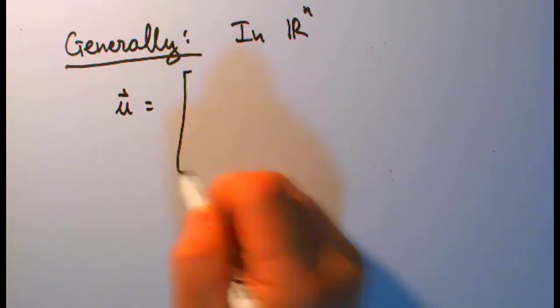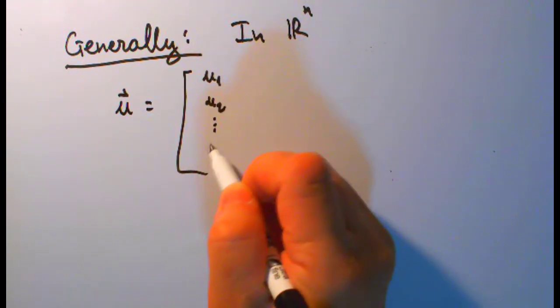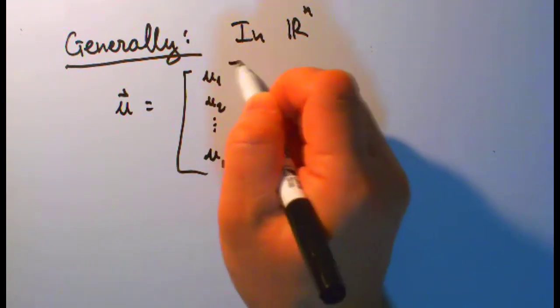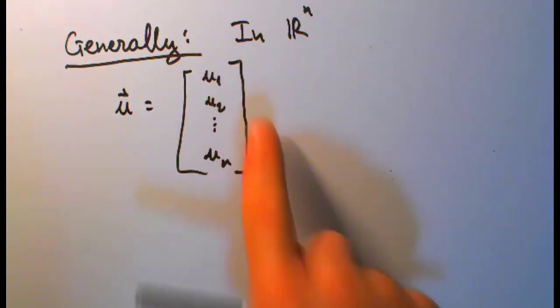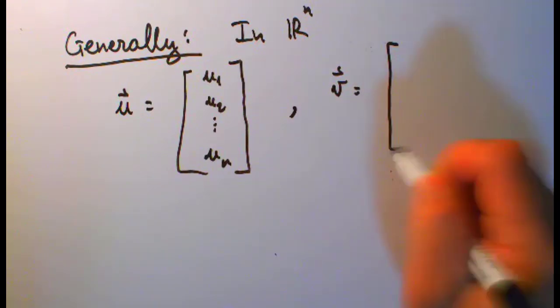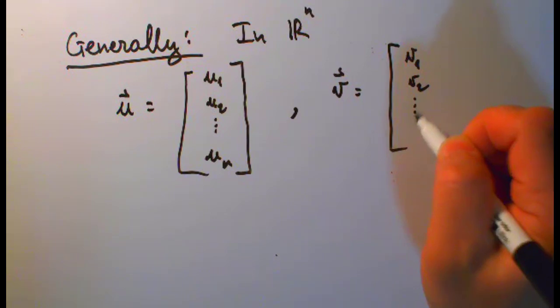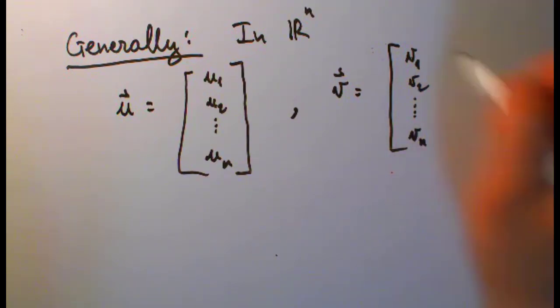They have components u1, u2, up to un. Each vector in Rn has n components. And the vector v is going to have components v1, v2, and so on to vn.